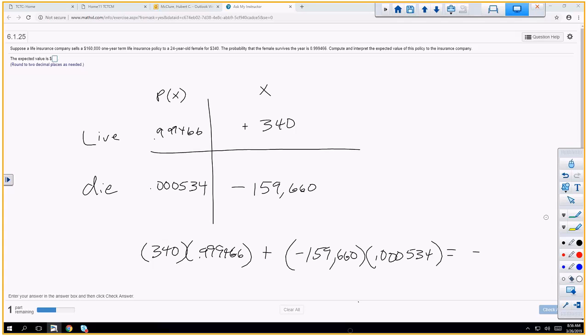You've got a big number here. I think it's going to be bigger than this number, but I don't know. Y'all tell me. It's not? Okay, what does it come out to be? 254.56. So that should be the expected value for the insurance company.